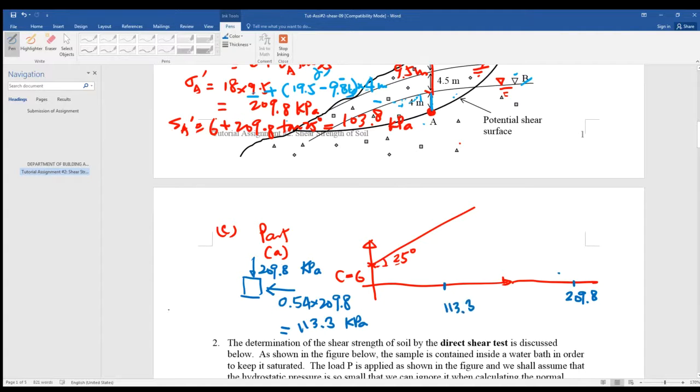That's point A. So can you draw the Mohr circle? Since it does not touch the Mohr-Coulomb envelope line, there is no failure. Okay?